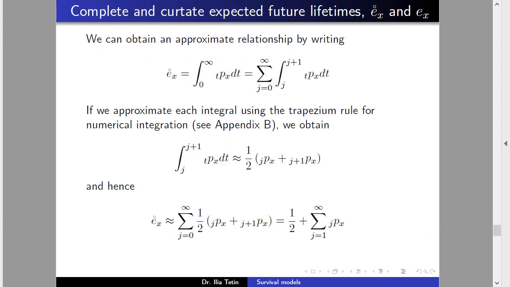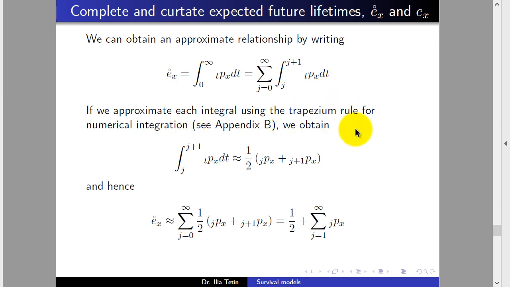As the Curtate future lifetime is the integer part of future lifetime, it is natural to ask if there is a simple relationship between ex and ex without the dot on top. We can obtain an approximate relationship by writing this formula. This is our approximate relationship.